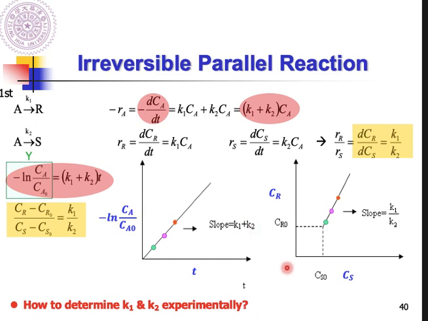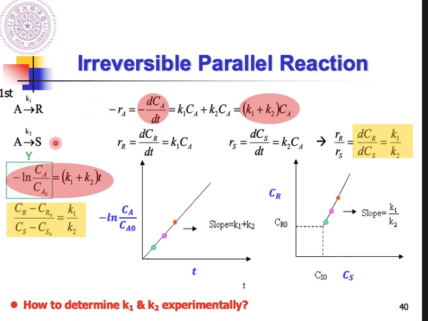Okay, so as long as you have K1 and K2, you can put them back and reformulate the rate equation for equation 1 and equation 2. For example, minus RA will be K1 times CA to the power 1, because it is first order, and you can directly substitute the value of K1 here.